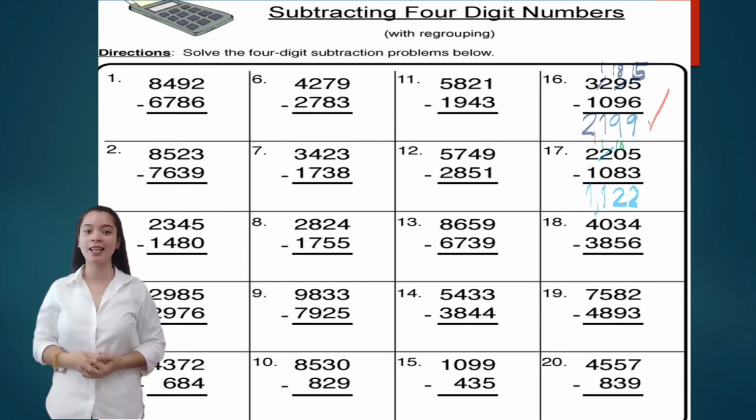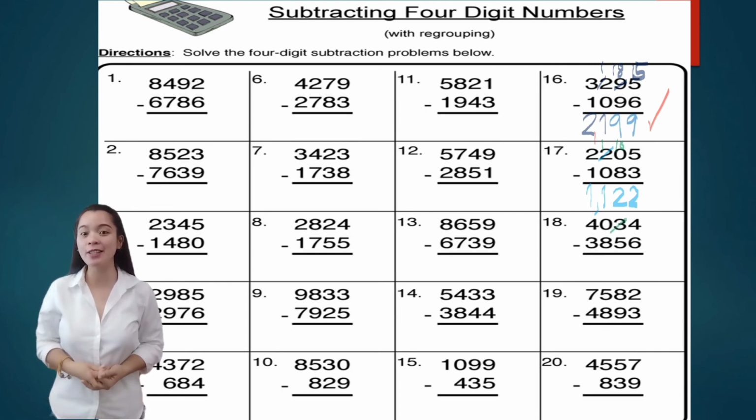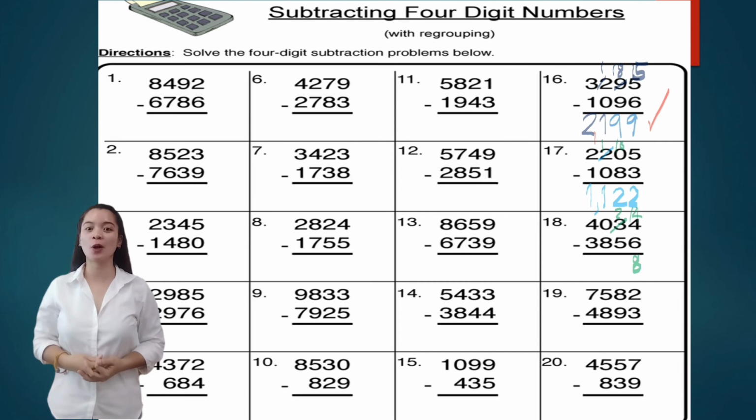So we have 4,034 minus 3,856. We have 4 minus 6 cannot be, so let's borrow from 3. 3 becomes 2 and 4 becomes 14. 14 minus 6 equals 8. 2 minus 5 cannot be. Can we borrow from 0? No, we cannot. So 4 becomes 3, 0 becomes 10, but we will borrow, right?